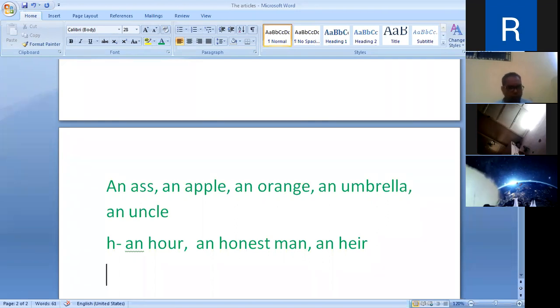Next, an is used before individual letters spoken with a vowel sound, as an F, an L, an M. These are individual letters spoken with a vowel sound. Its initial sound is a vowel, that's why an is used. Next, an MP.